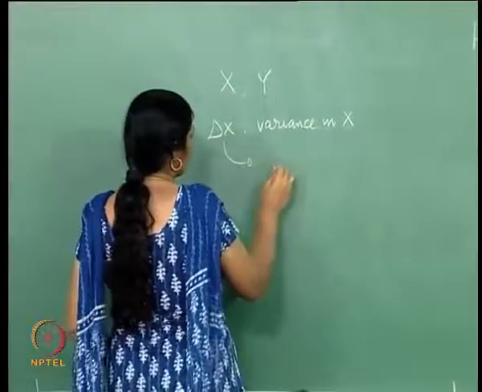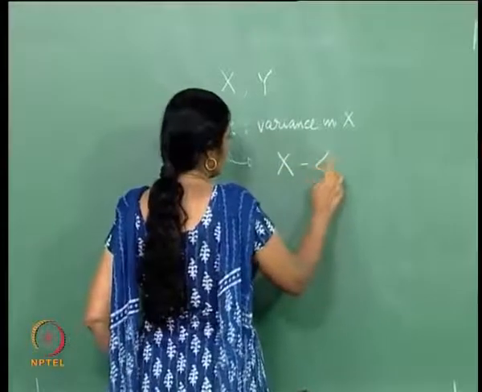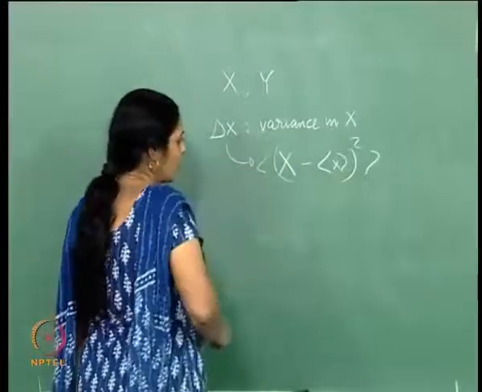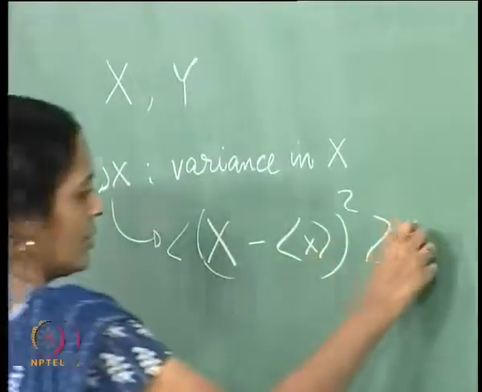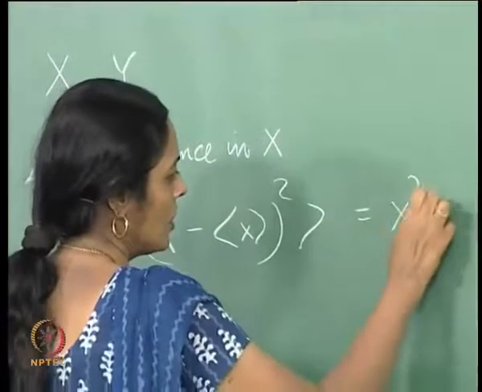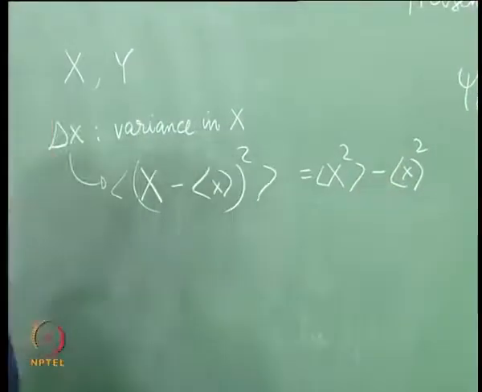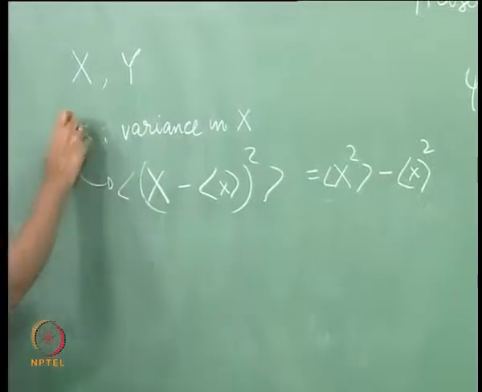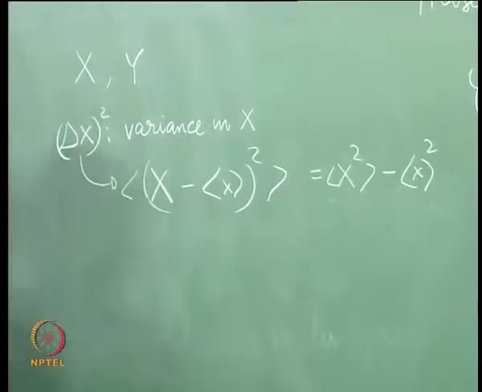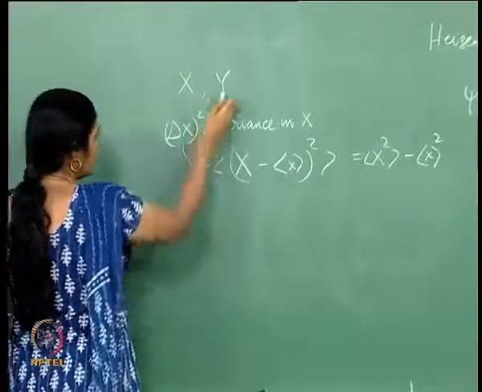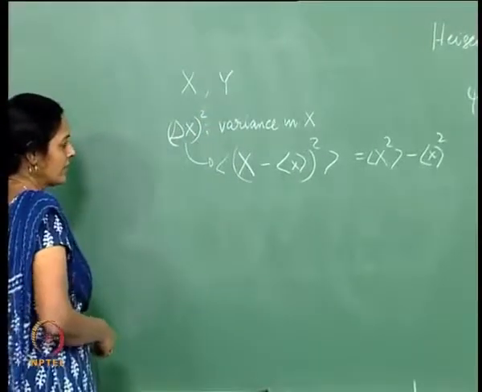So, delta x is simply equal to the average of x minus expectation value of x, the whole squared. This, as most of you know, is expectation x squared minus expectation x the whole squared. That is the variance in x. Similarly, I define delta y.